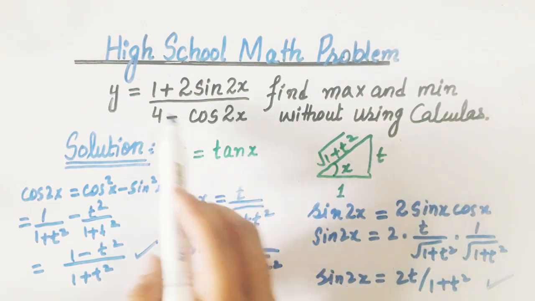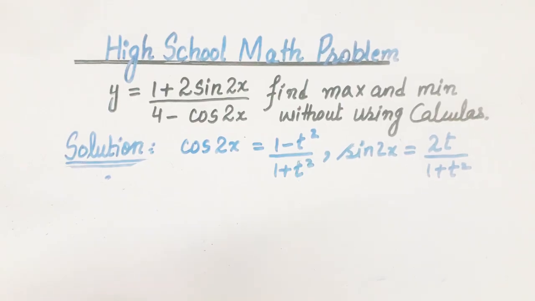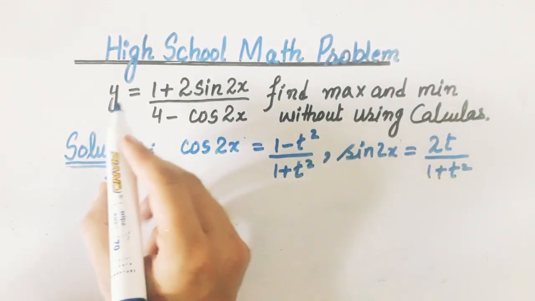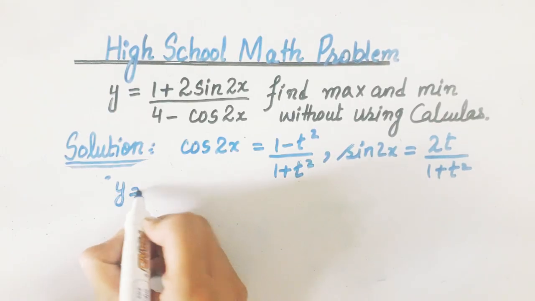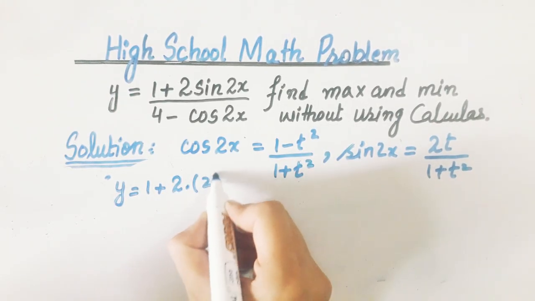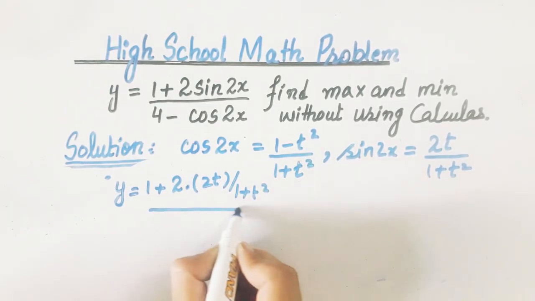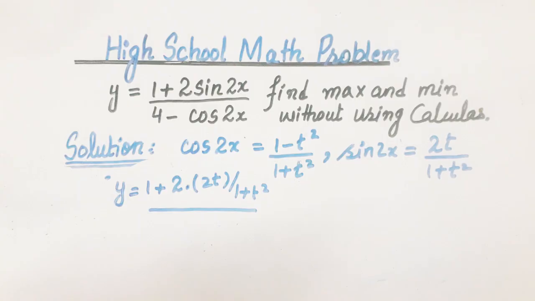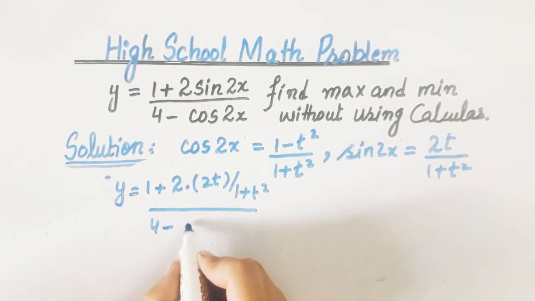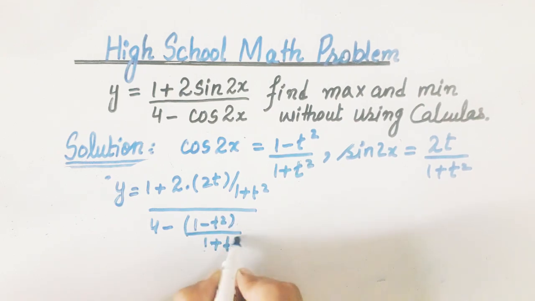We will substitute these values in this equation. Now we will substitute the values and get y equals 1 plus 2 into sin 2x, meaning 2t divided by 1 plus t square, and here we have 4 minus (1 minus t square) divided by 1 plus t square.